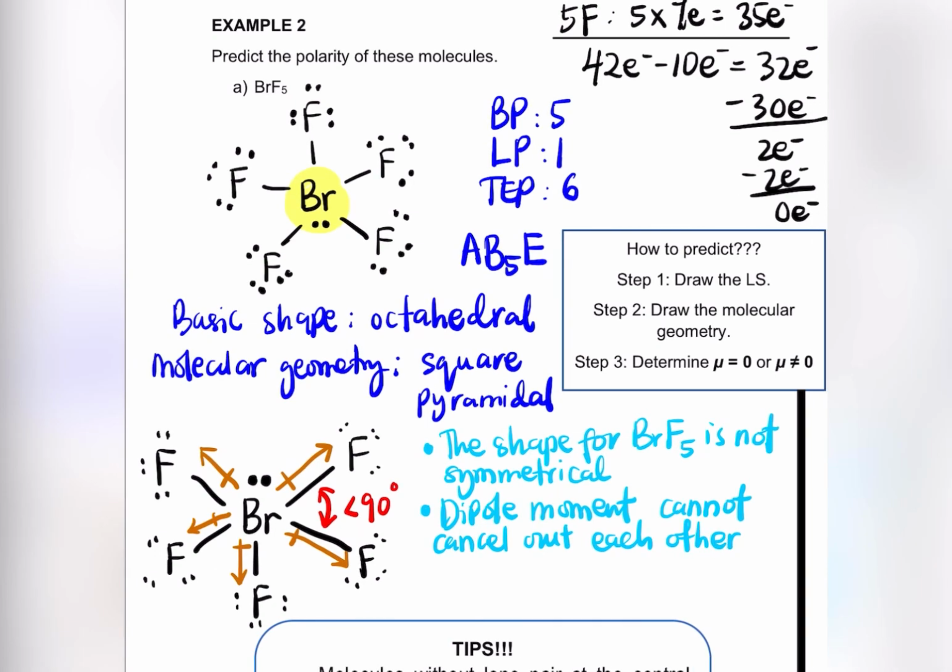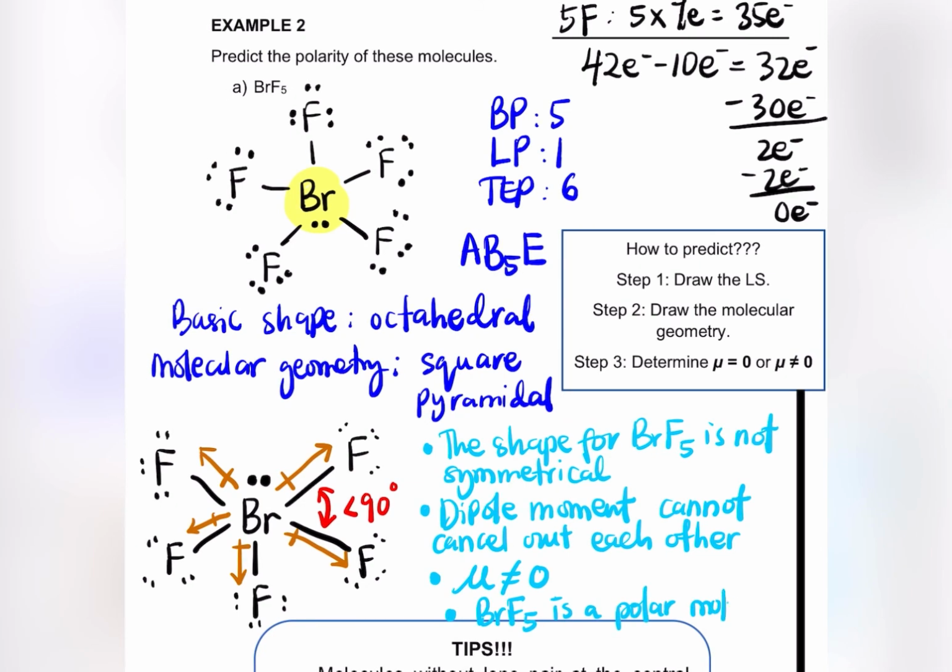So you can say from here your mu is not equals to 0. And last point, BrF5 is a polar molecule. So inilah final conclusion yang saya mahu.